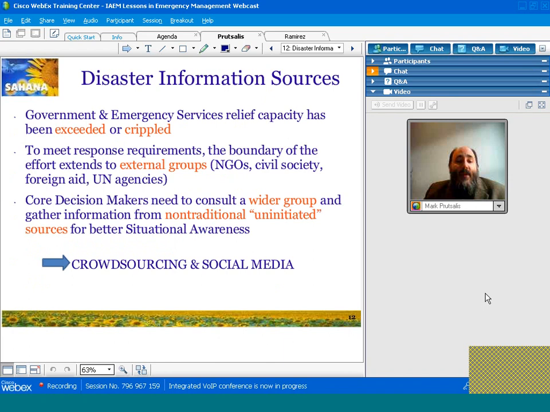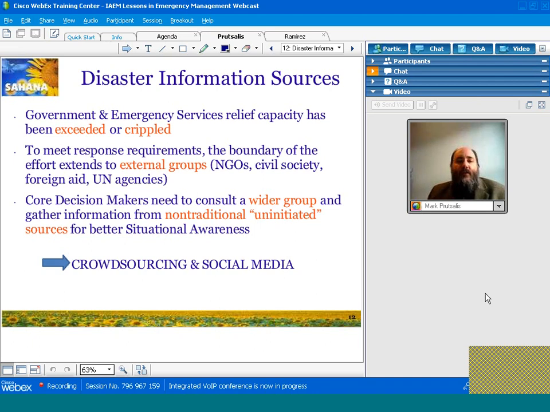The other thing I wanted to add to this was, working with the definition of a disaster as something that's exceeded local capability, that forces the response to a disaster to extend out to groups that the local authorities may not be used to working with, whether it's NGOs or civil society, foreign aid, UN agencies, and consulting that wider group.